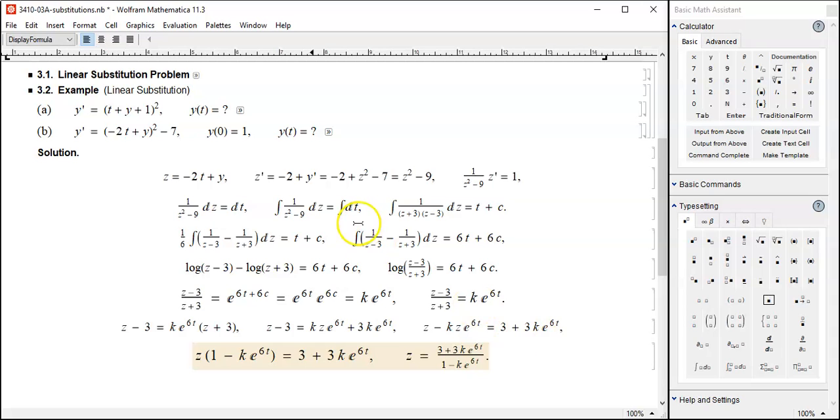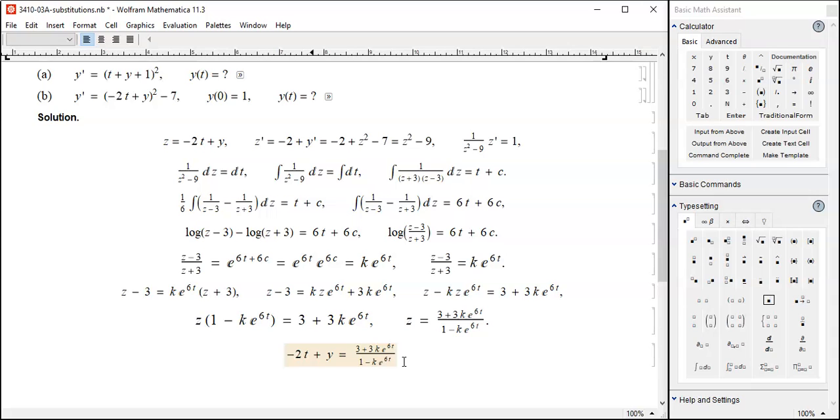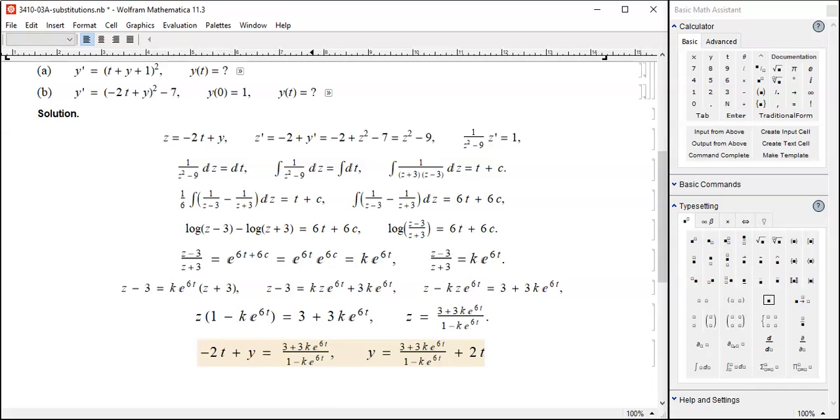But then again, what was z? So let's go back. Negative 2t plus y is equal to this thing. Let me expand the font. So y is equal to this linear fraction plus 2t. And I guess this is the final form.